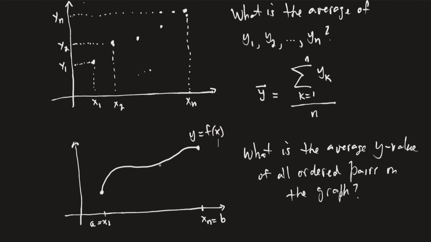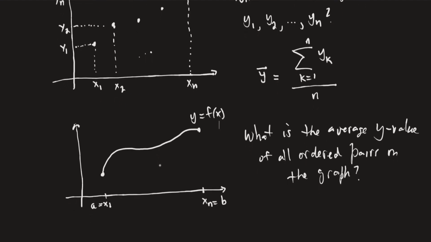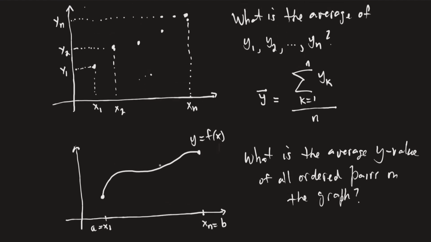Well, it turns out we're going to take Mr. Riemann's approach. On this graph, what I'm going to do is pick some, again, distinct ordered pairs like this, similar to what I have up here, and start with an approximation.